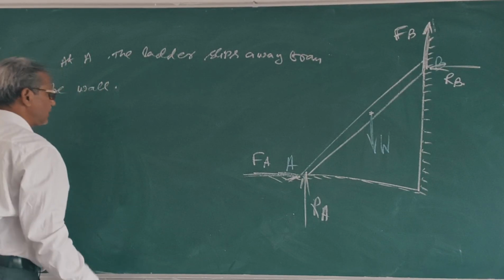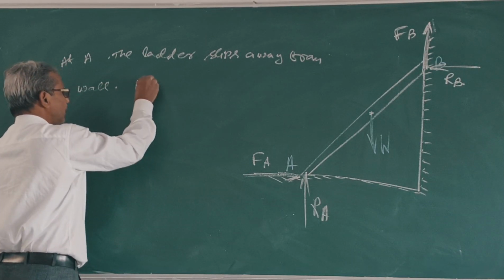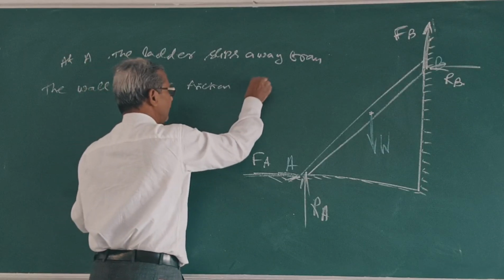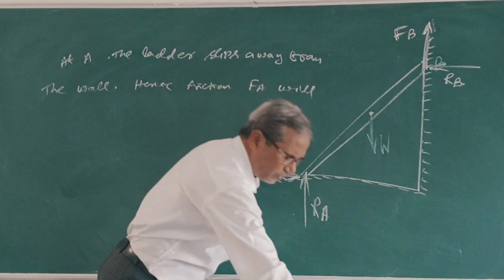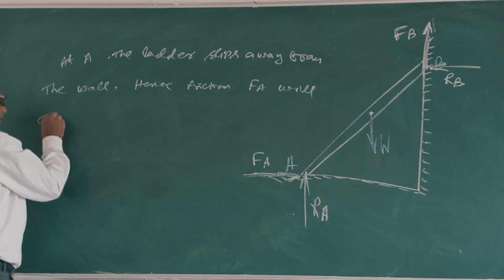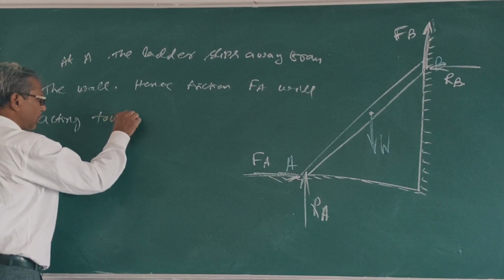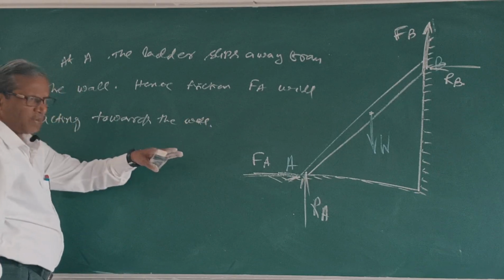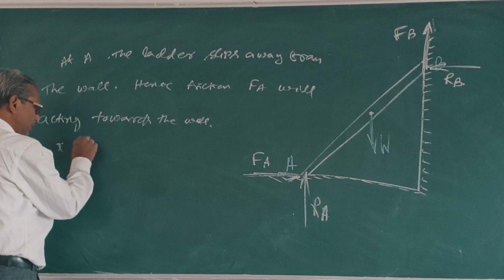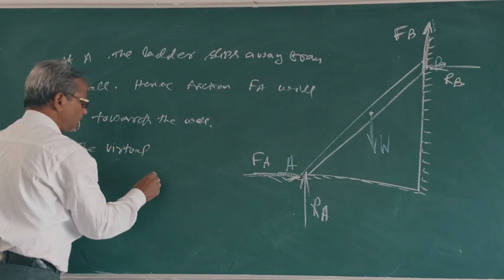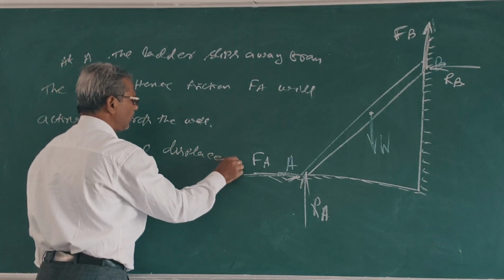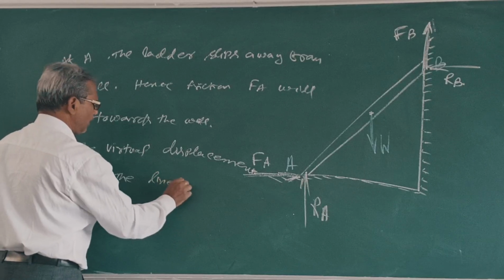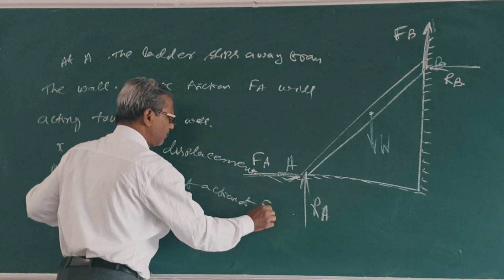Hence, friction FA will be acting towards the wall, and the vertical displacement is along the line of action of FA. Clear?